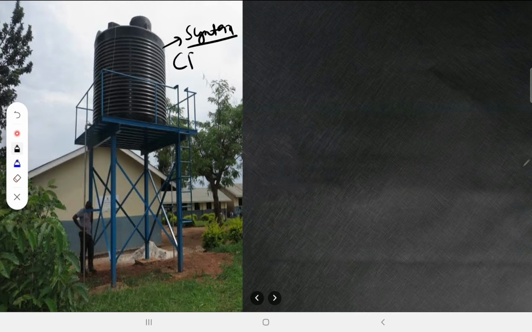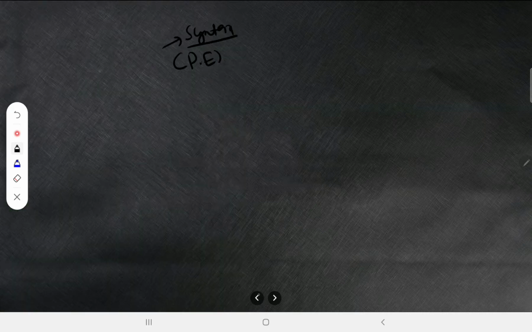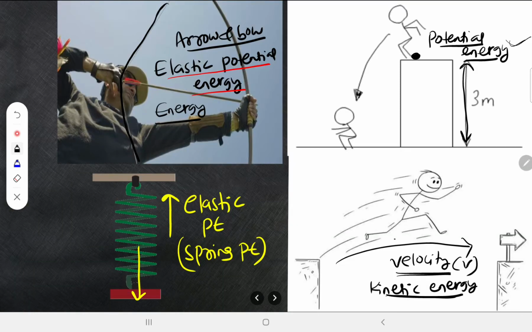This water has potential energy, due to the height, due to its position. Due to position, if any body is gaining energy, that is potential energy, and due to motion, if a body is gaining energy, that is kinetic energy.